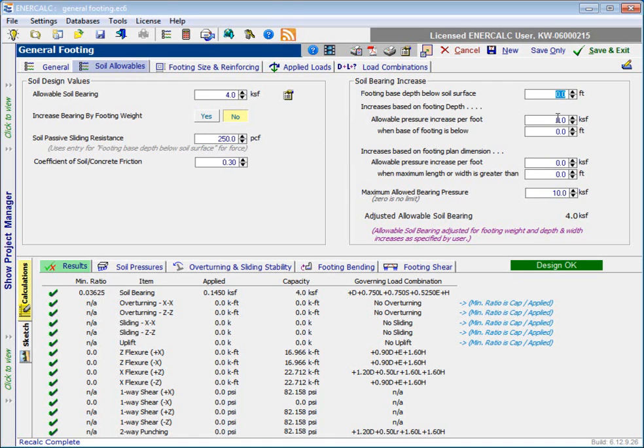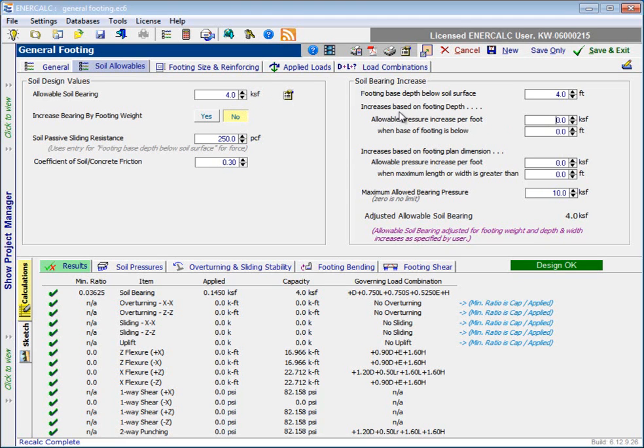So that's one of the functions of this value. I'll enter a value of 4 feet. The other thing that it does, though, is it relates to these items down below where we can prescriptively apply increases in the allowable bearing pressure that we specified over here a couple different ways.